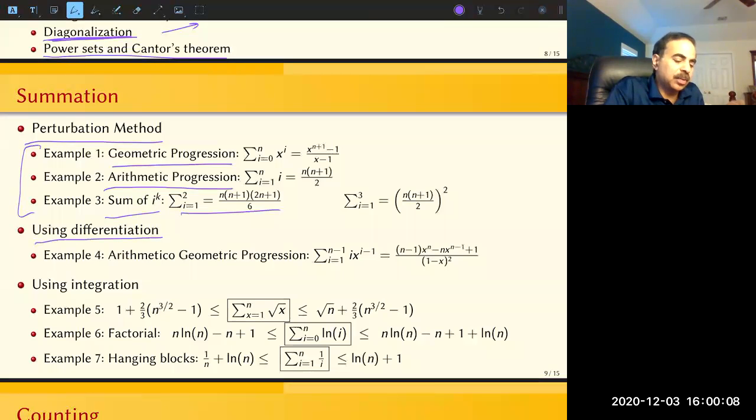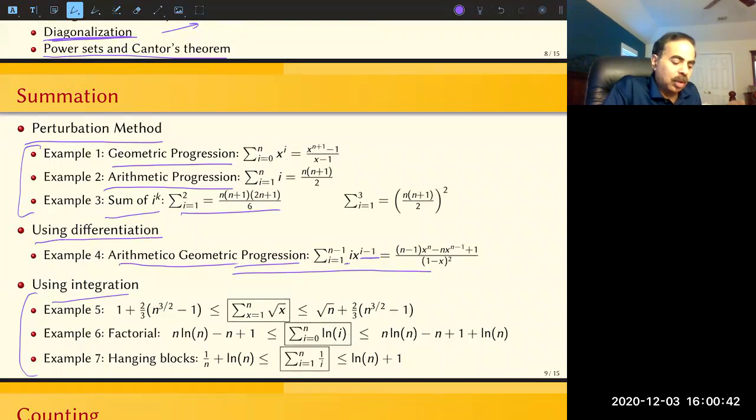Then we showed that you can use calculus, and in particular differentiation and integration, to add up sequences. Using differentiation, we looked at what is called arithmetic-geometric progression, where you have both an arithmetic component, which increases linearly from one term to another, and a geometric component where there is an exponent that changes from one term to the next.